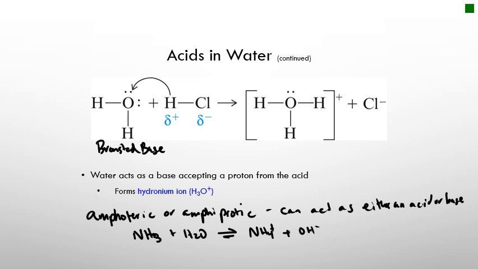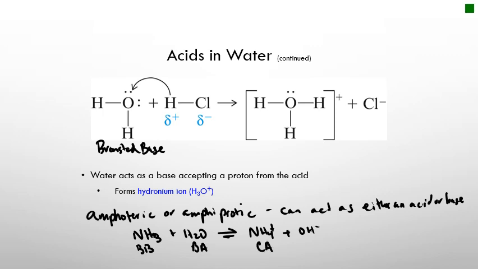So when we look at this, notice the NH3 went to NH4 plus, so that makes it the Bronsted base because it accepted a hydrogen. The water went from H2O to now OH minus, so it lost a hydrogen. That makes it the Bronsted acid.